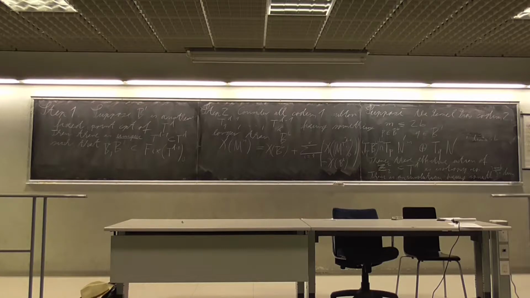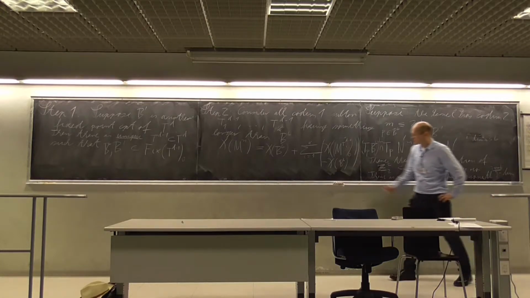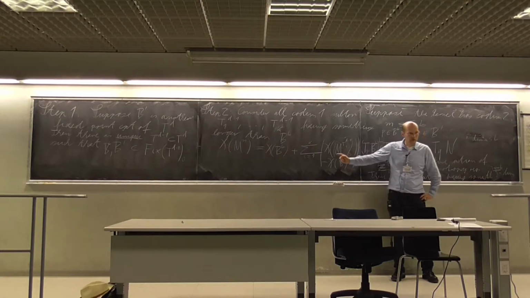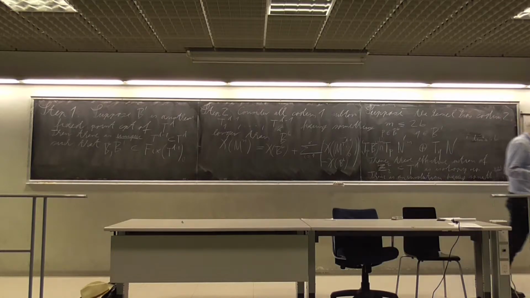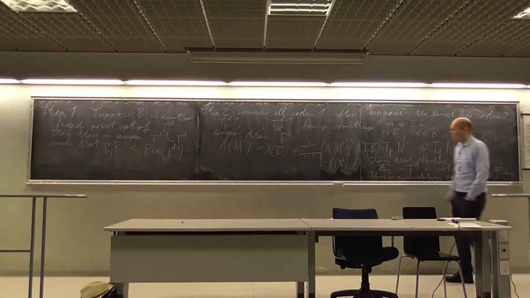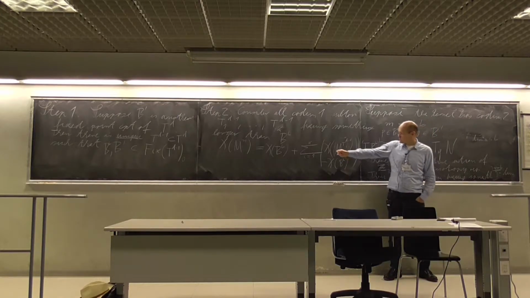Right, so this is immediate, this actually doesn't have to do anything. The Euler characteristic of the manifold is equal to the Euler characteristic of the fixed point set, and the same goes for this fixed point component, right?